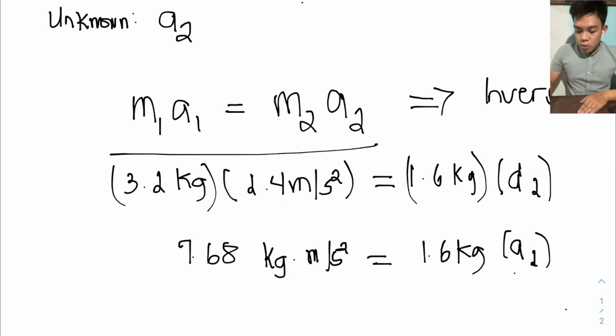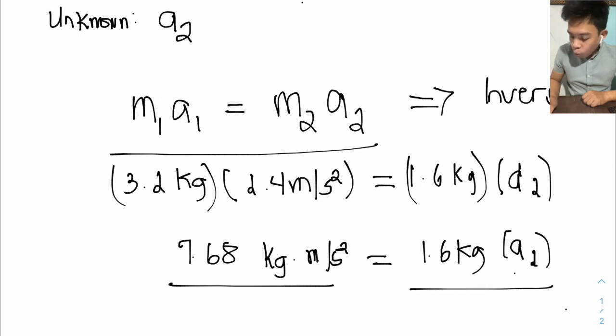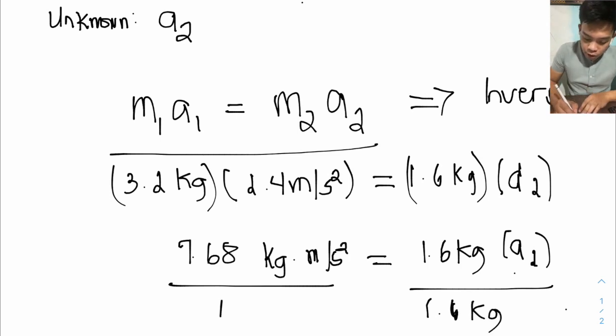So in order for us to get the value of A2, we need to divide both sides by 1.6 kilogram in order for the A2 to remain on the other side of our equation.